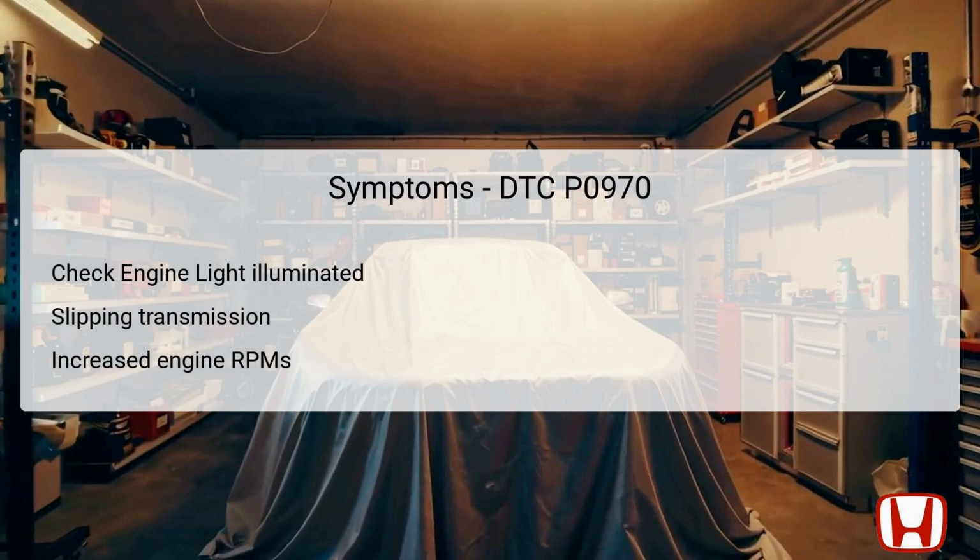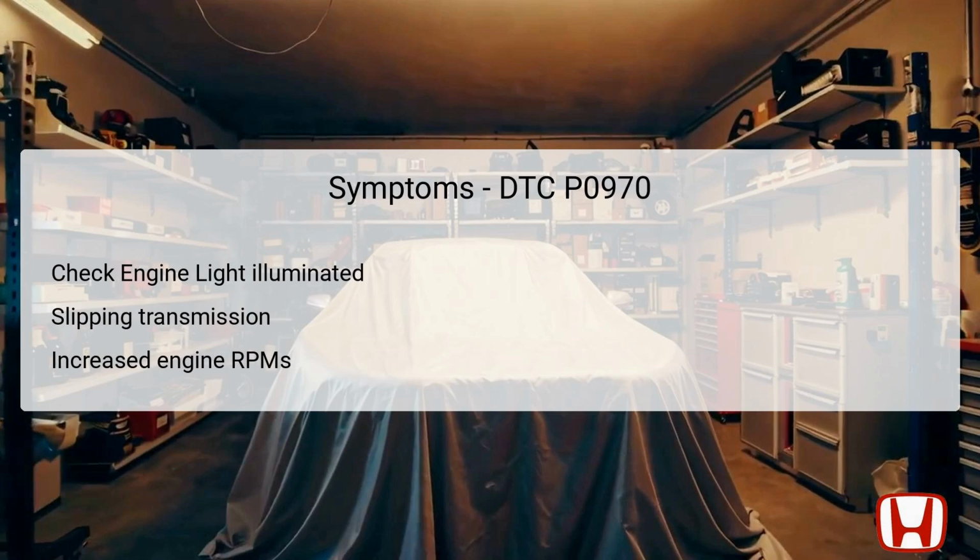Drivers might also experience increased engine RPMs without a corresponding increase in vehicle speed, indicative of transmission issues. These symptoms arise because the transmission is unable to maintain the proper hydraulic pressure due to the malfunctioning solenoid. Thus, if the DTC appears, it's vital to address the error to restore proper vehicle operation and prevent further damage to the transmission.